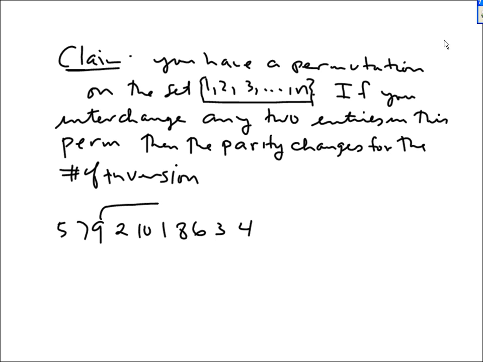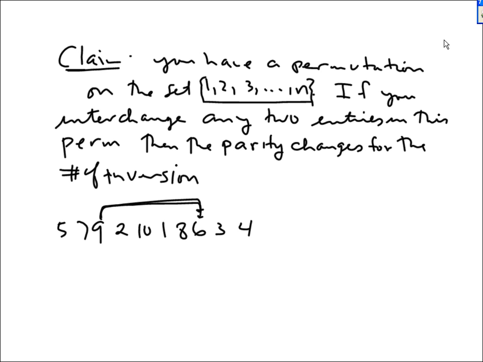If you were to switch the 9 and 6, the parity will change. For example, if this is even right now, if you interchange the 9 and 6, it will become odd. If it's odd right now, and you interchange the 9 and 6, it will become even. The parity changes. Now, why is that?